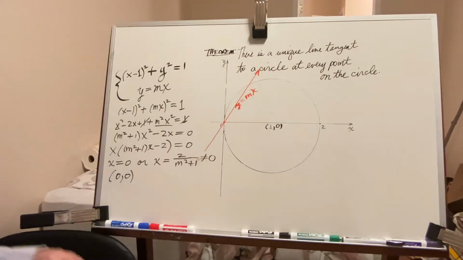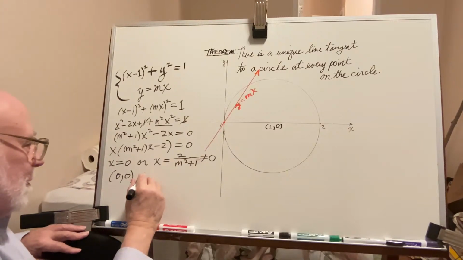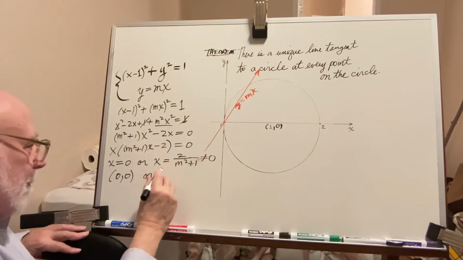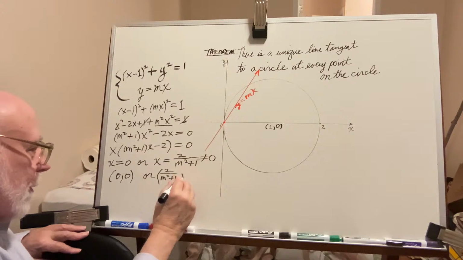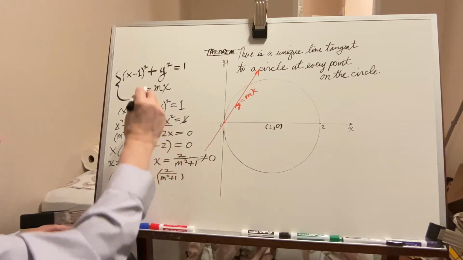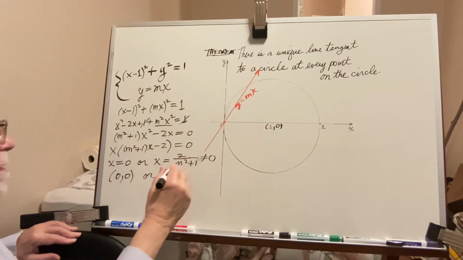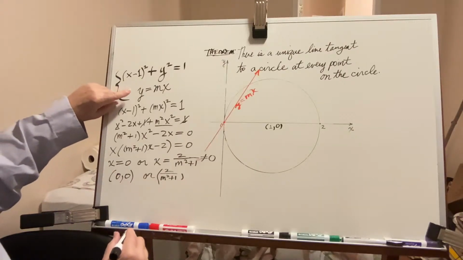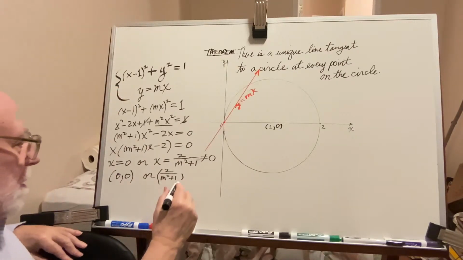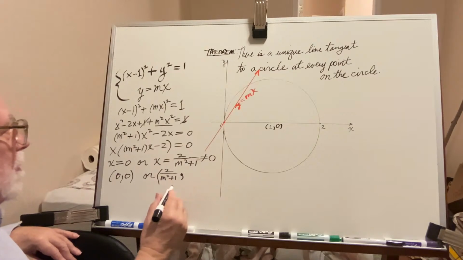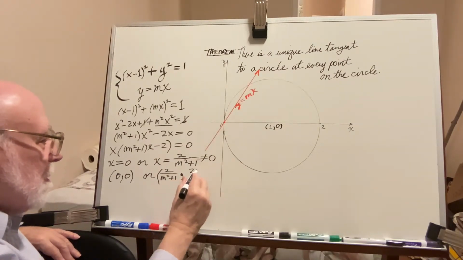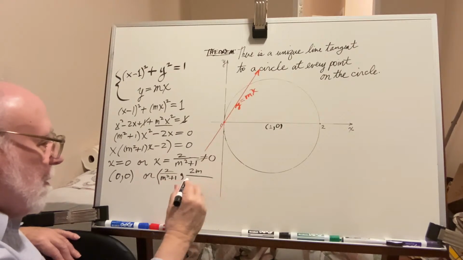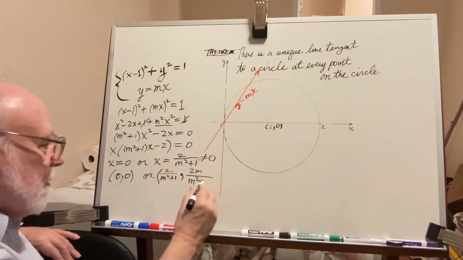And the y value over here, we substitute into the simpler equation, and we get that the y value is 2m over m squared plus 1.